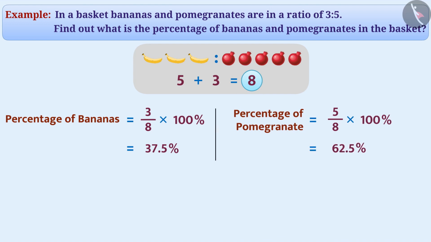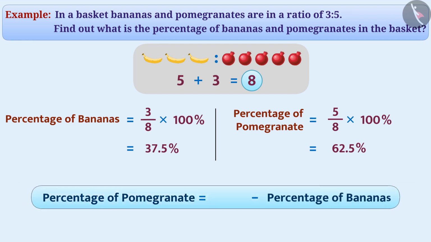We can also get the percentage of pomegranate by subtracting the percentage of bananas from 100%. That is, the percentage of pomegranate is equal to 100% minus 37.5%, which is equal to 62.5%.